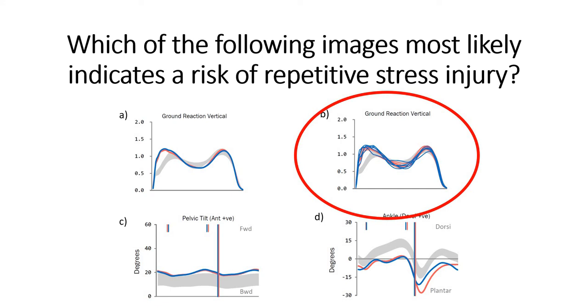So B would be it. If your answer was A, you were close, but B just gives you that bit more information, and is therefore more relevant.